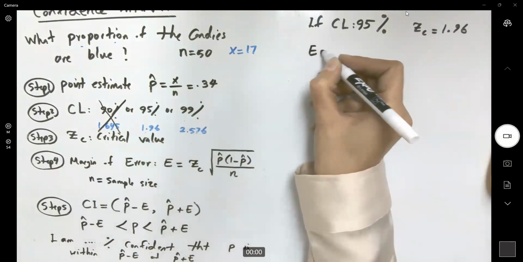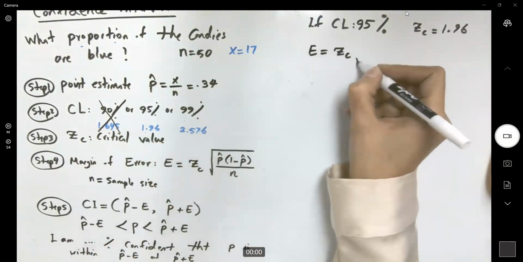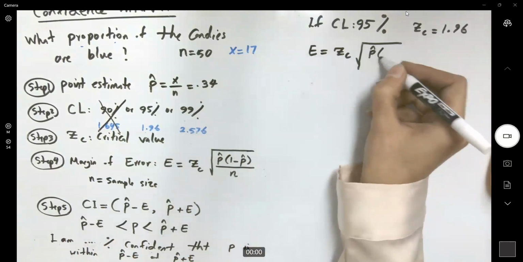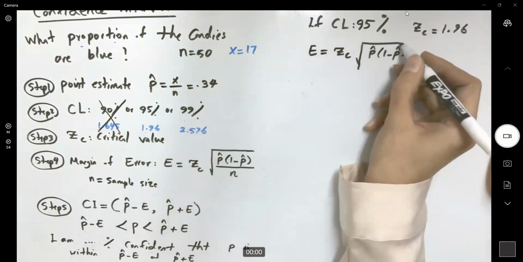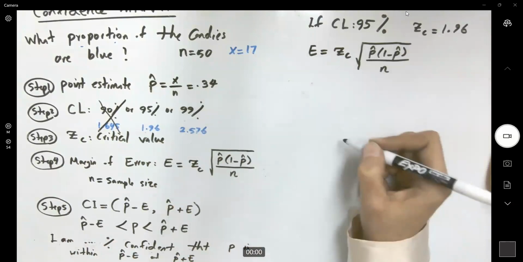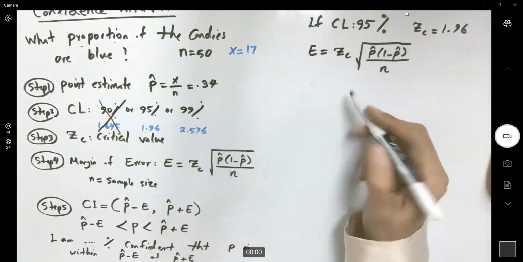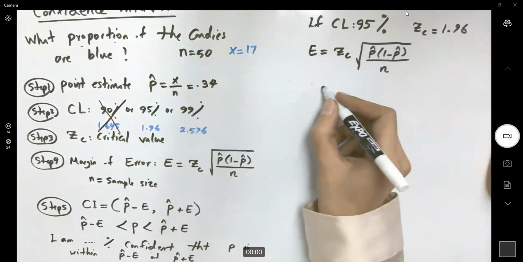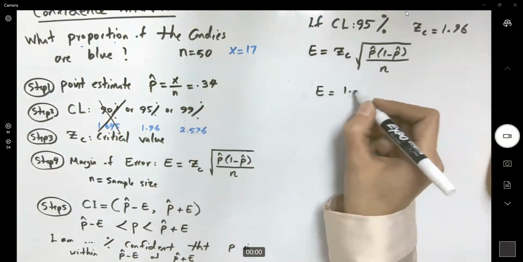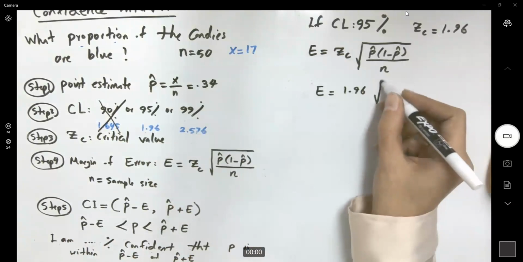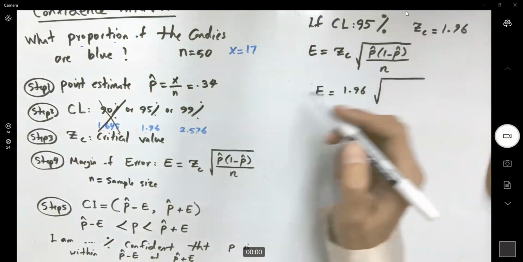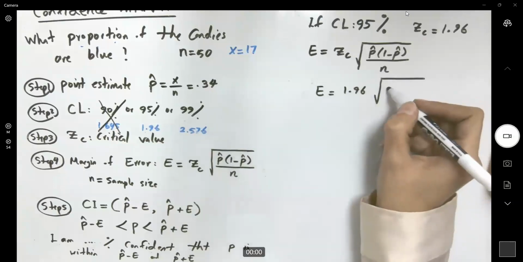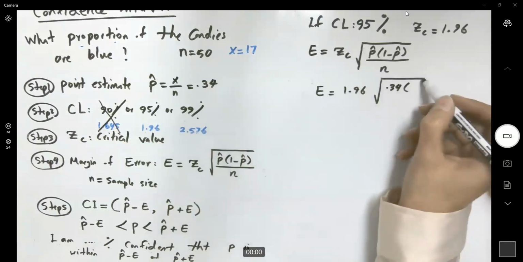Okay. In the next step, we need to find the margin of error. E is equal to ZC times the square root of P hat times 1 minus P hat divided by N. Well, okay, ZC is 1.96. Let's just plug them in here. Times the square root of P hat, which is my point estimate, 34%.